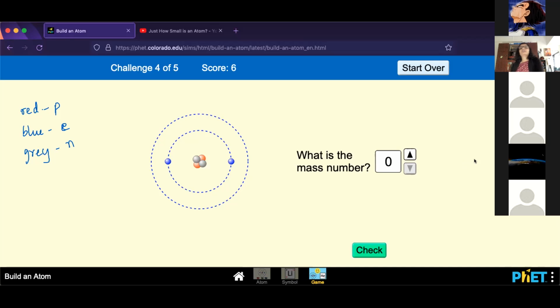Do we need to count for mass? Yes, ma'am, it will be 4 for helium. Should I go with 4? It's neutrons plus protons, right? Yeah, so basically you just need to count what is in the nucleus. That's it.